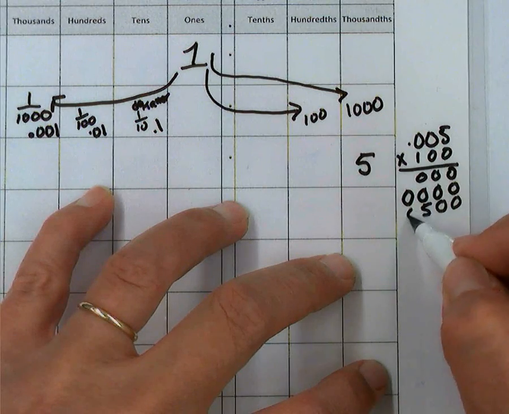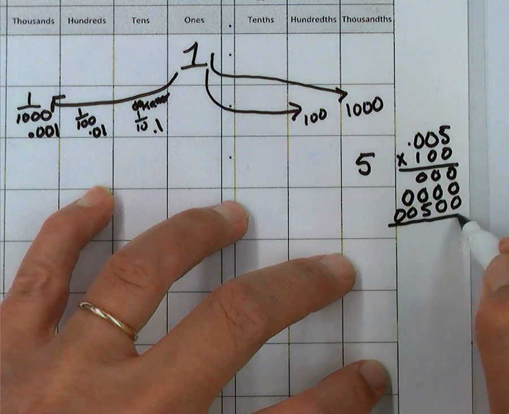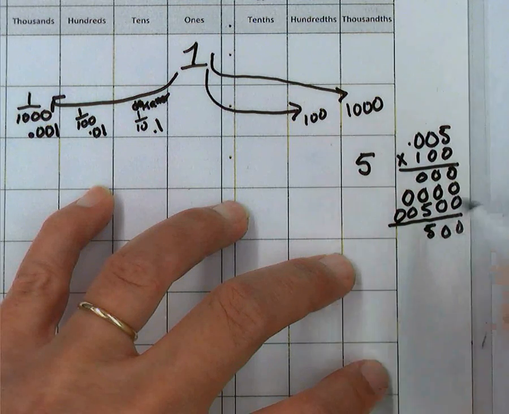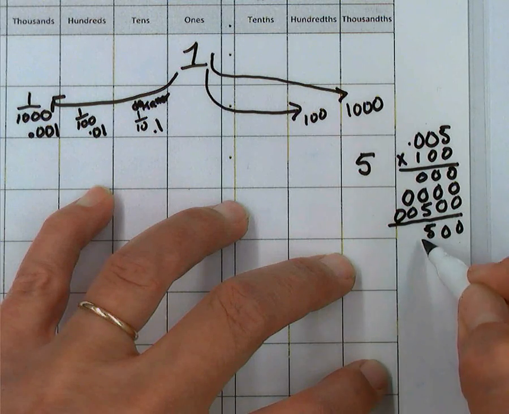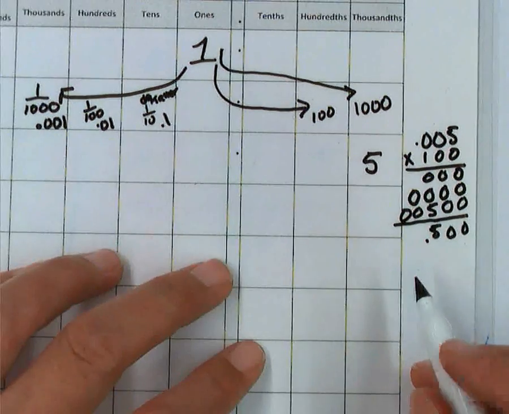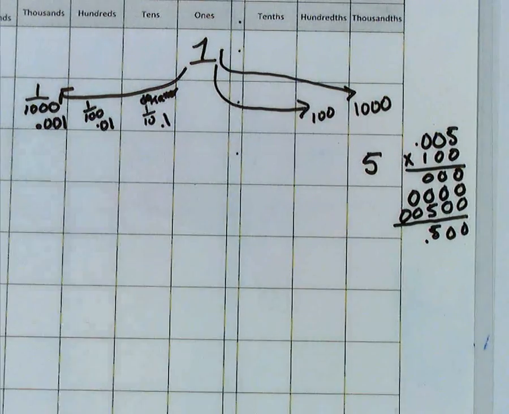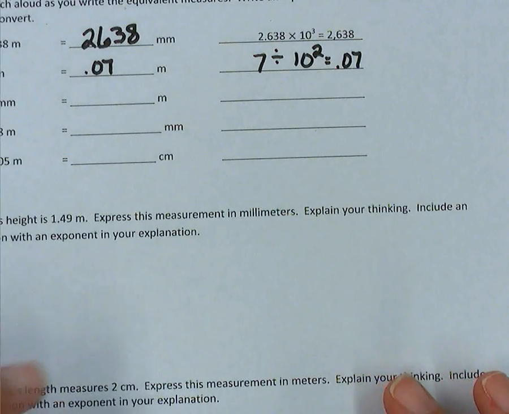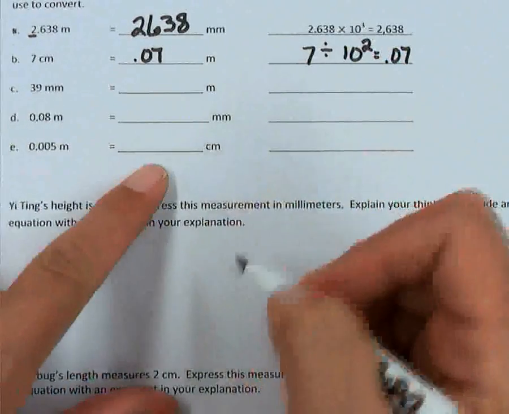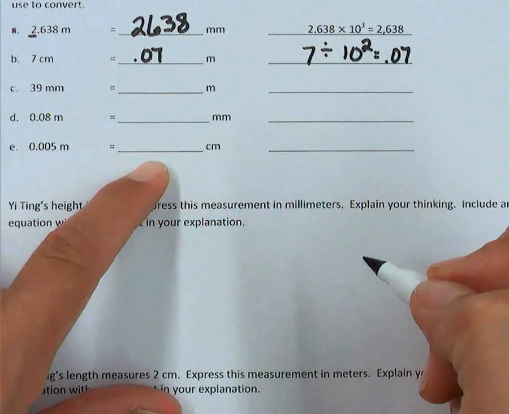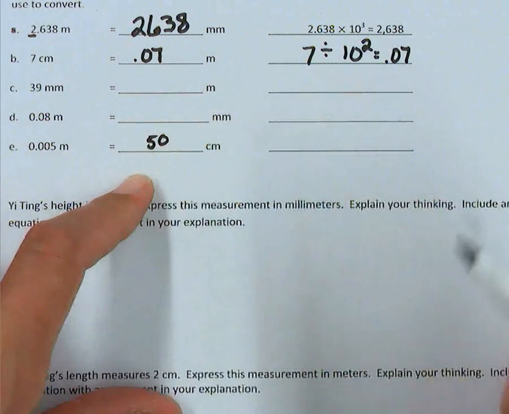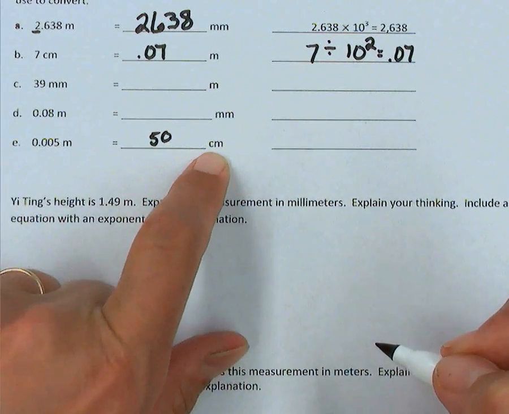We have 3 place values: 1, 2, 3. So it would be 5 decimeters in this case. So if we're going to multiply that, then in that case, it's 50 centimeters.